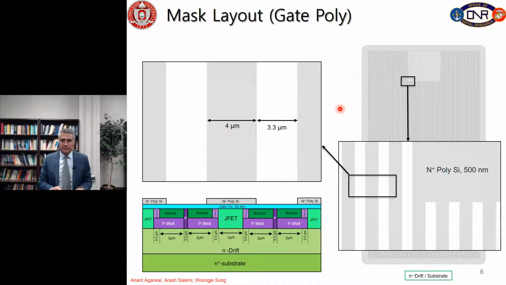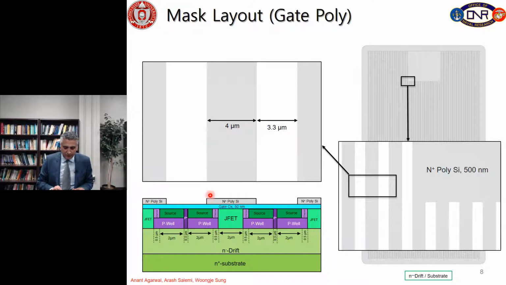Now let's look at the gate poly. As you can see here, the right hand side is the whole device. I zoomed this box to here, so we have this gate pad over here and all these fingers. If you look at this box, we have a 3.3 micrometer distance between the fingers with a width of 4 micrometers.